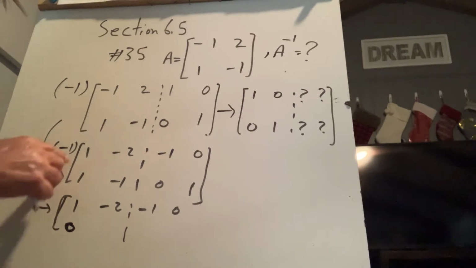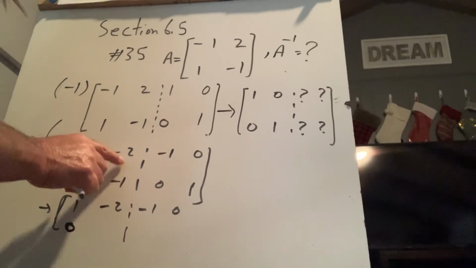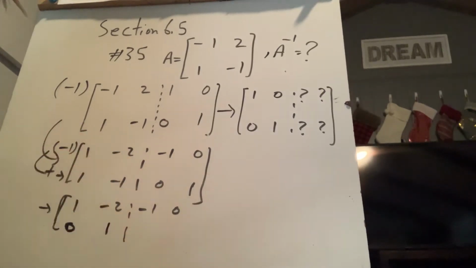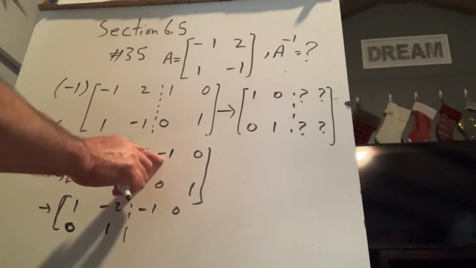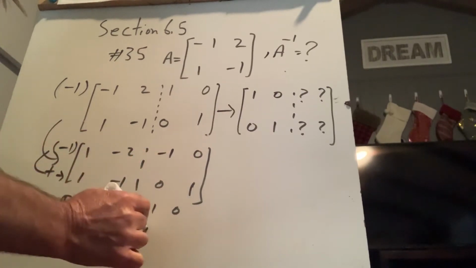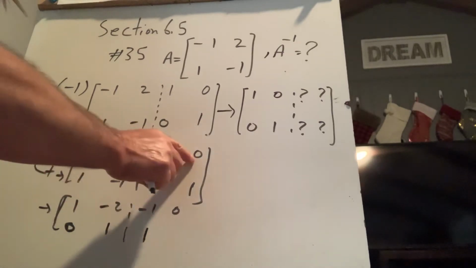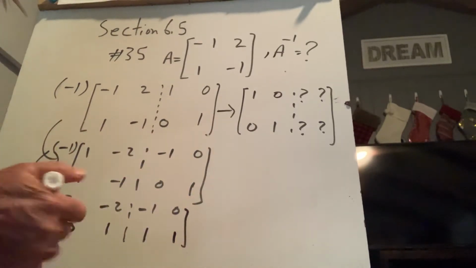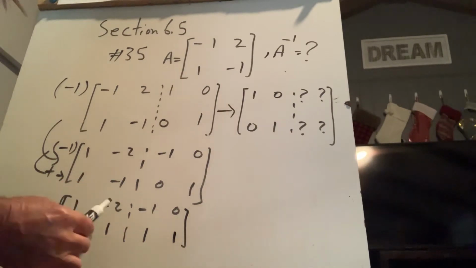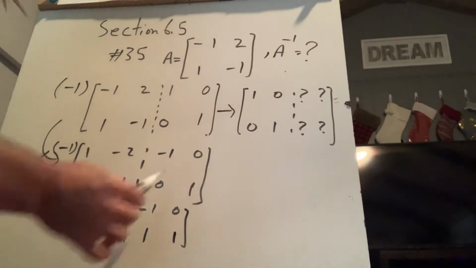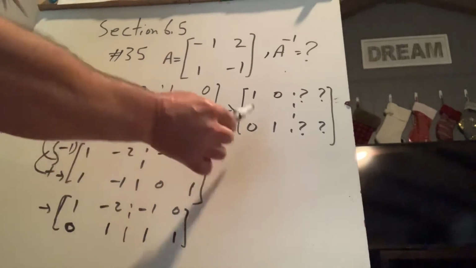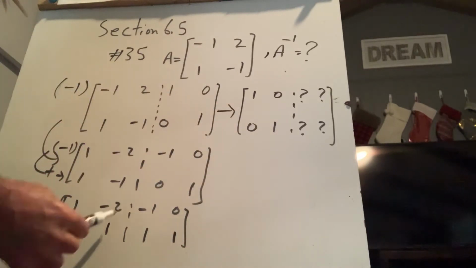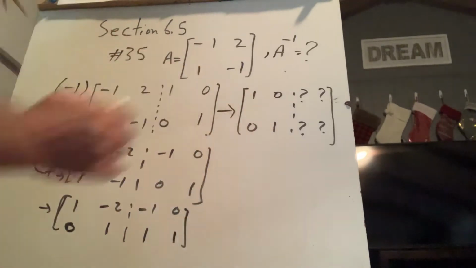Then -1 times -2 becomes +2 plus -1, which adds up to 1. -1 times -1 is 1, plus 0 becomes 1. And -1 times 0 remains 0, plus 1, which remains 1. One more step and we should be done. The last step is to make the -2 a 0. Then you have your 1, 0, and this is already 1. So we make that 0, and then we should have our inverse.